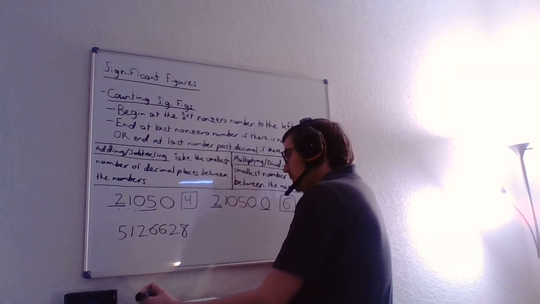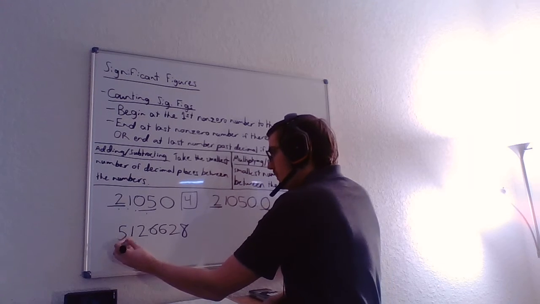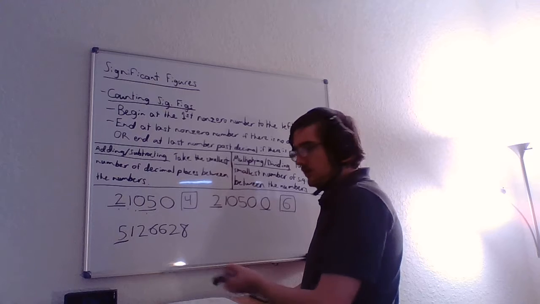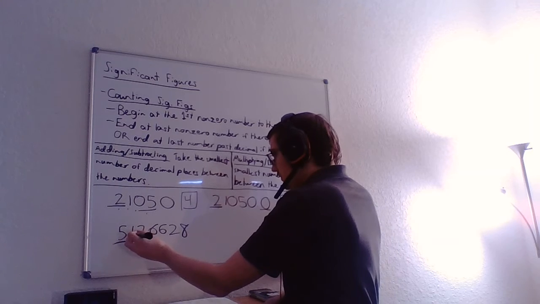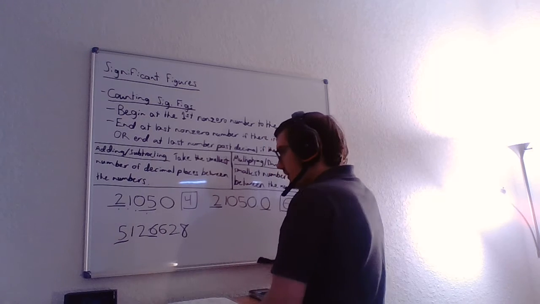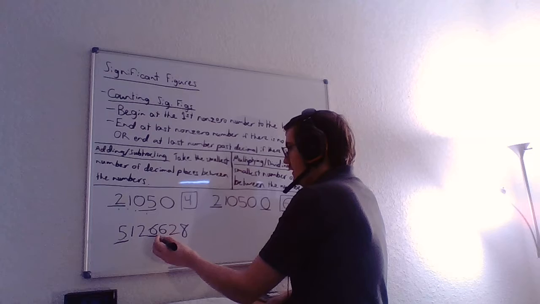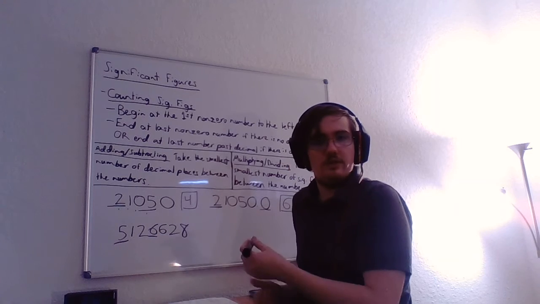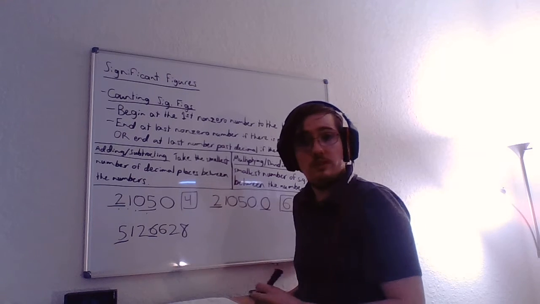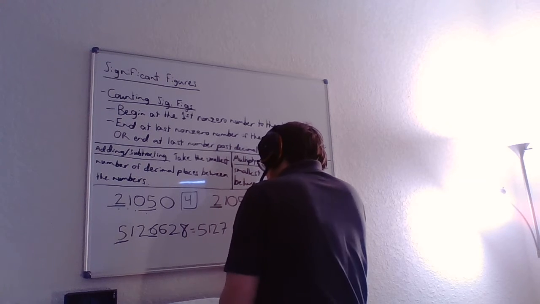Okay, so first off, you want to count 4 figures starting from the far left. That's 1, that's 2, that's 3, that's 4. So this is your 4th significant figure right there. That's 6. Now, because the number after that is greater than 5, you're going to round that 6 up to a 7. That's your first step. 5, 1, 2, 7.